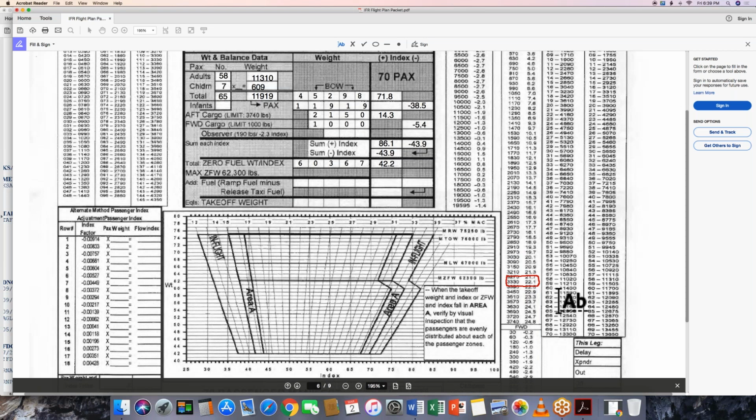I got 62,300. Yep. And if we ever have any questions on that, bada bing, bada boom. All right. So, that being said, we now have our max, or our zero fuel weight and our index.